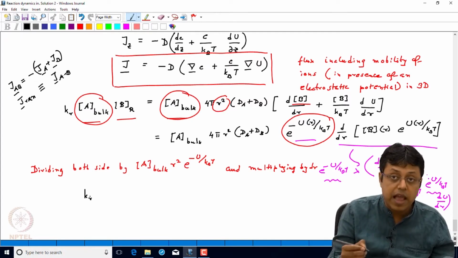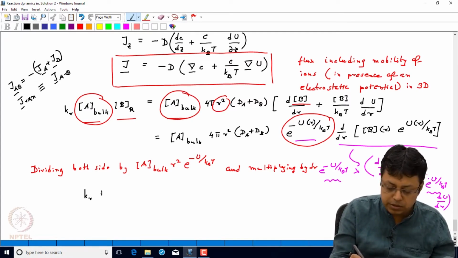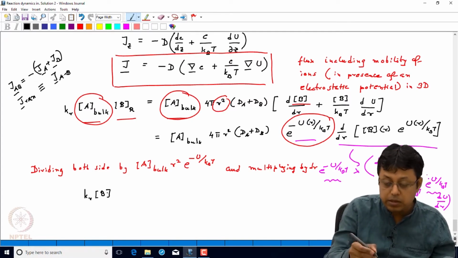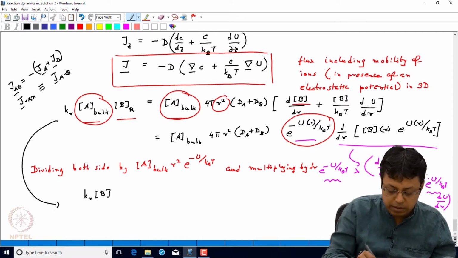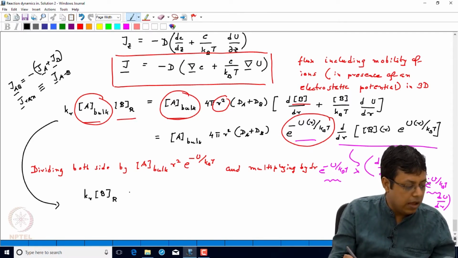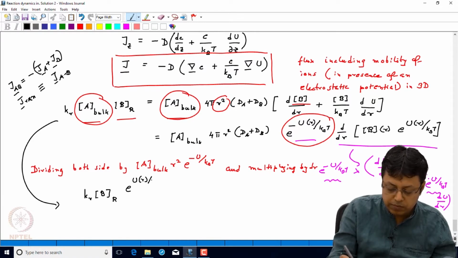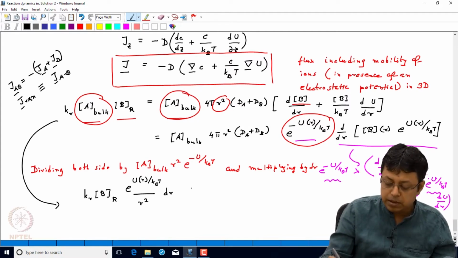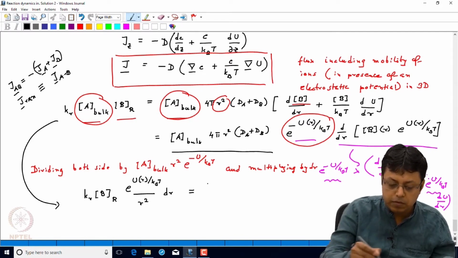Then we get a very interesting expression: k(r), where this small r is a reactive rate, remember. So A bulk will cancel. I'll have b at r, divided by e to the power minus u by kBt, so I'll have e to the power plus u(r) by kBt, divided by r square, because I divided both sides by r square and also multiplied by dr. Follow carefully.